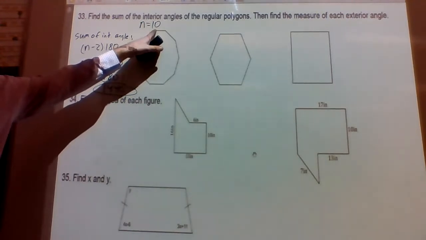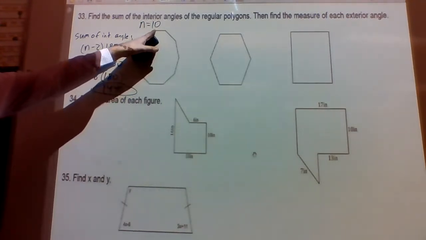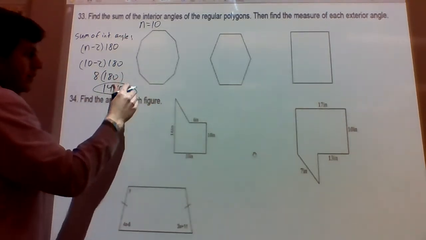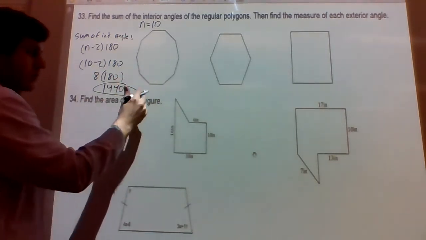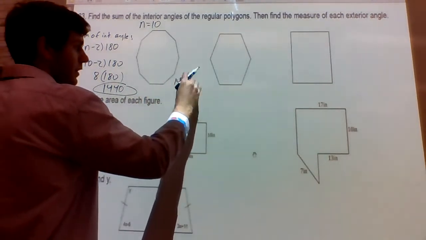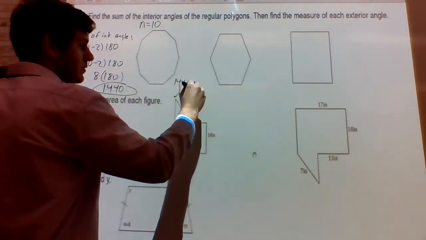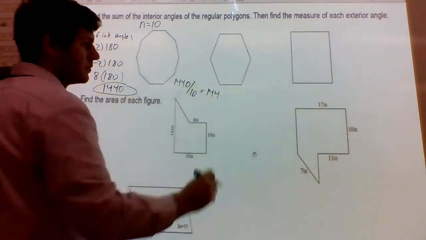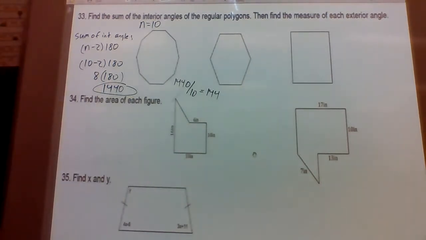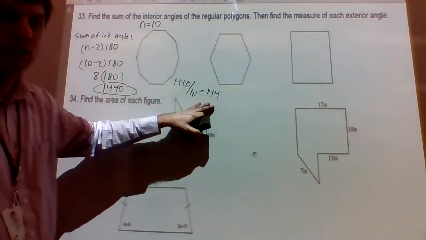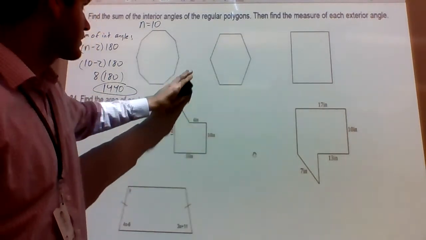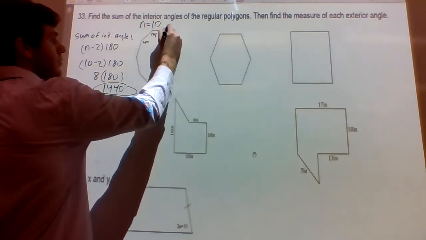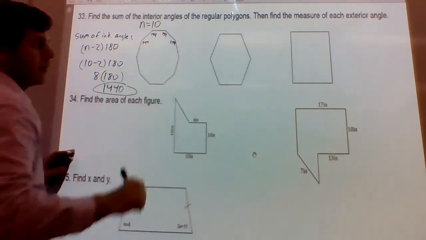We have 10 sides and 10 angles, so we would divide 1440 by 10, which would give us 144. That's not what it's asking for, but that's each interior angle: 144, 144, 144, all the way around.